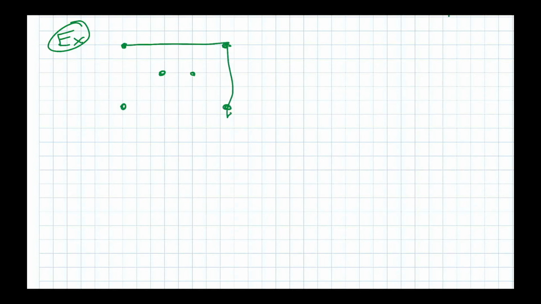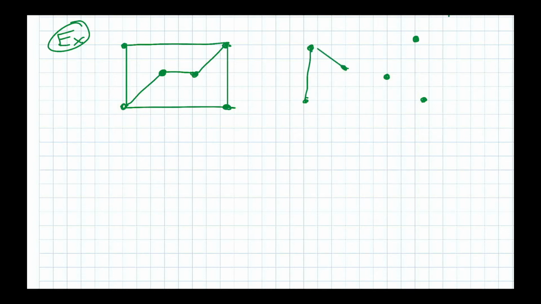So it's got a like this, like this, like this, like this. And then we got another one here, here, here, here, here, here. And it goes like that, like that, like that, like that, like that, like that, like that. Okay. Ugly graphs.